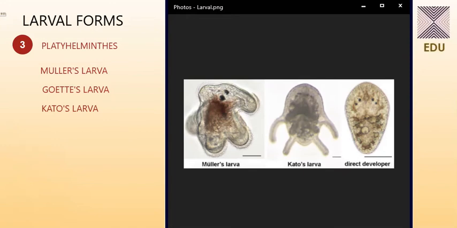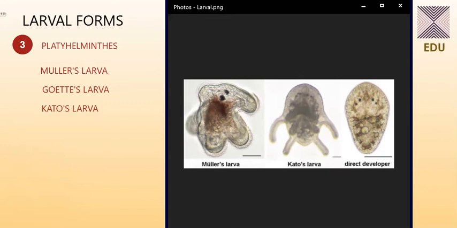So it is a flattened kind of larva from the center, and it has got 8 lobes. So 4 are present on the periphery, and 4 are present in the center. So it has got the 8 lobes. And if I talk about the eyes of this particular larva, it has got 12 eyes.